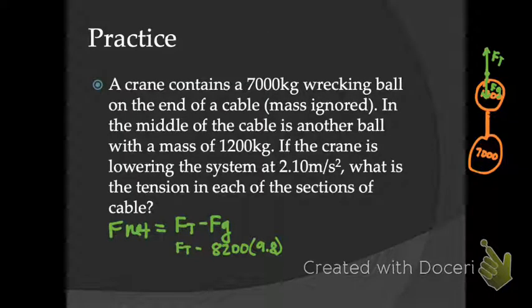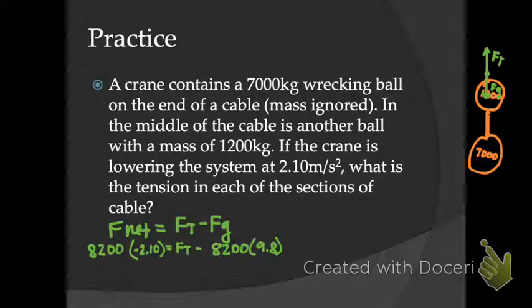And F net is mass times the acceleration, which was given, but there's an important part here. It says it's lowering with an acceleration. That means our acceleration is negative 2.10. Anytime something is being lowered with an acceleration, it's got to be a negative acceleration. Now we just solve for Ft.